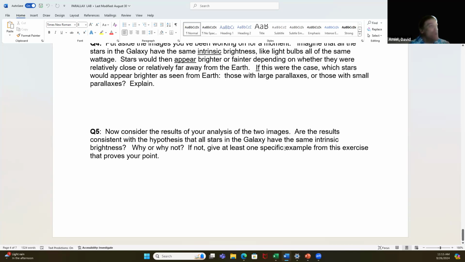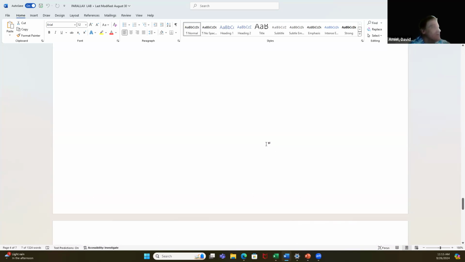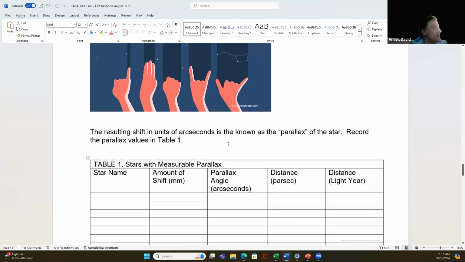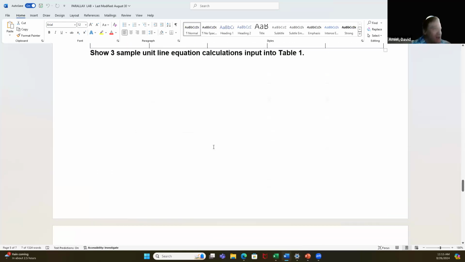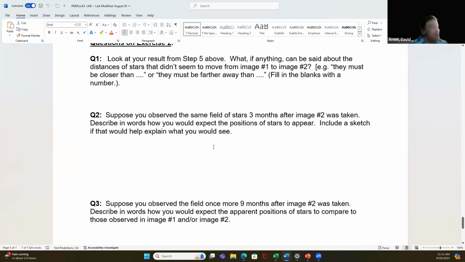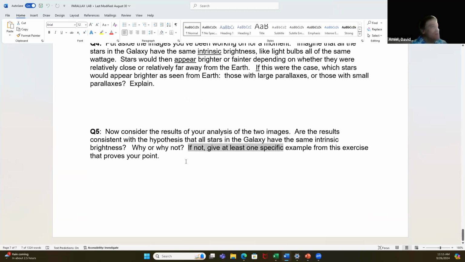And give at least one specific example, and that's definitely what I'm looking for here, a specific example. So you would go back to your table here of your stars, which you have named. So, for example, star A, blah, blah, blah. And flesh out your explanations. Should include a couple of sentences here. 1 or 2 should be enough.